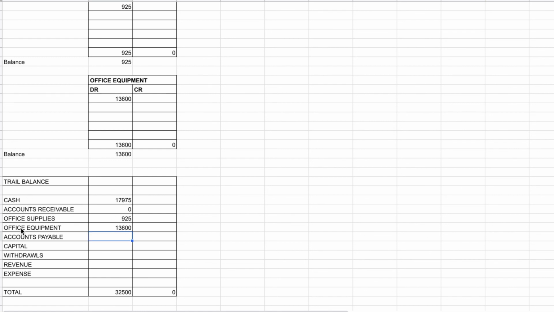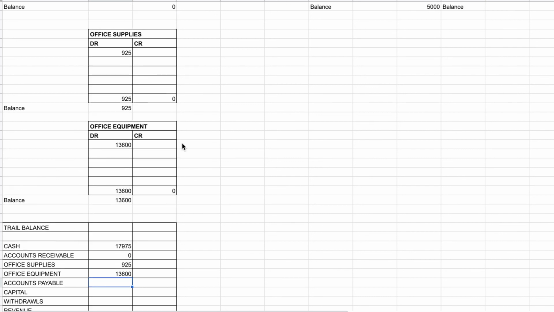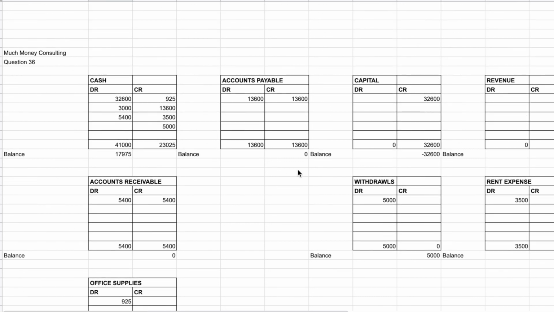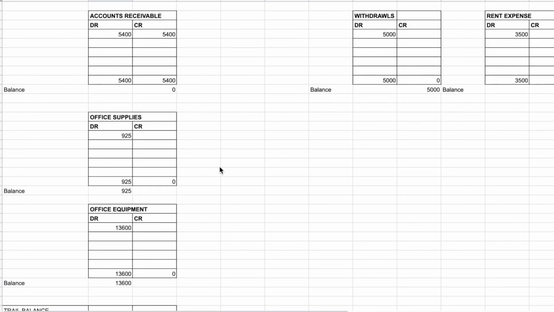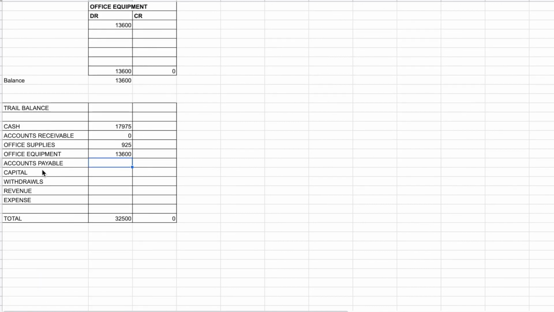Now let's go over to accounts payable. Normally they would have a credit balance, and notice that the balance in accounts payable is zero, so there's nothing there. Let's take a look at our capital account. The capital account has a credit balance, and most of the time the capital account will have a credit balance, of 32,600. Now we look at the withdrawal.